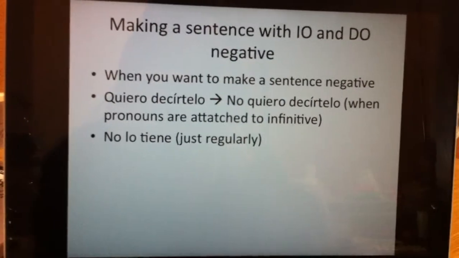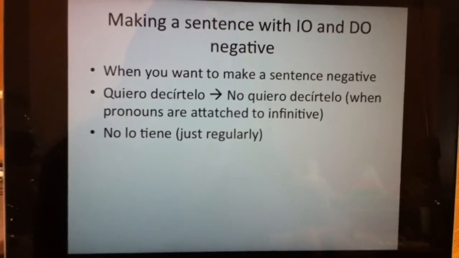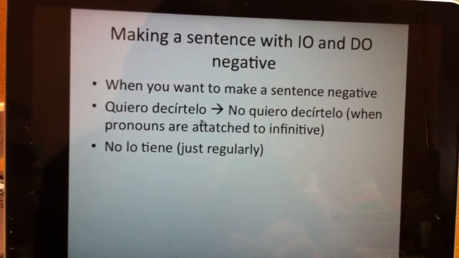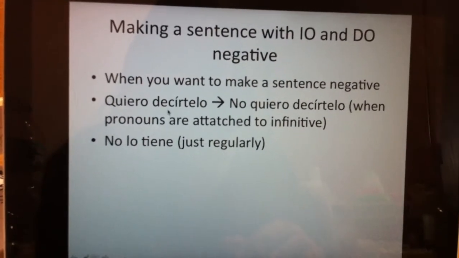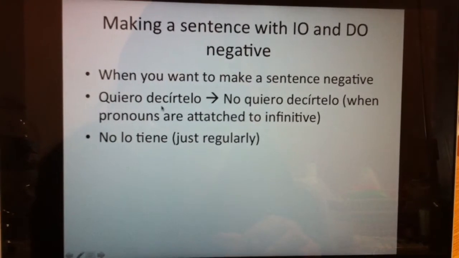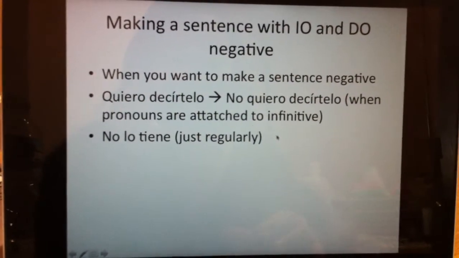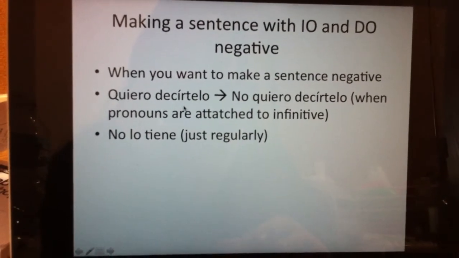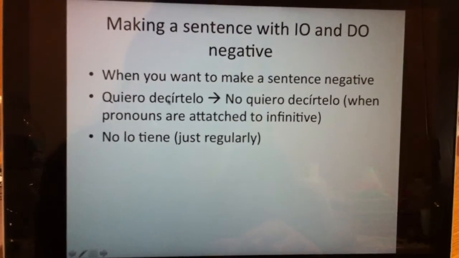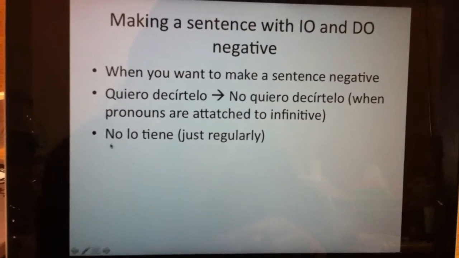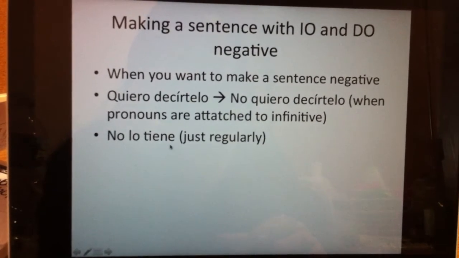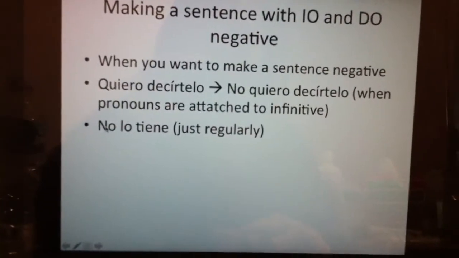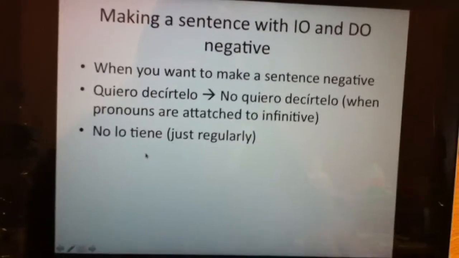When you try to make a sentence with an indirect and direct object negative, if there is an infinitive, when pronouns are attached to infinitives, you have to put an accent on the penultimate syllable. Other than that, if it's just a regular conjugated verb and not an infinitive, you just put the no before.